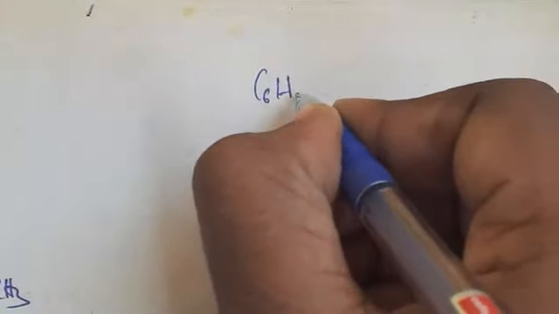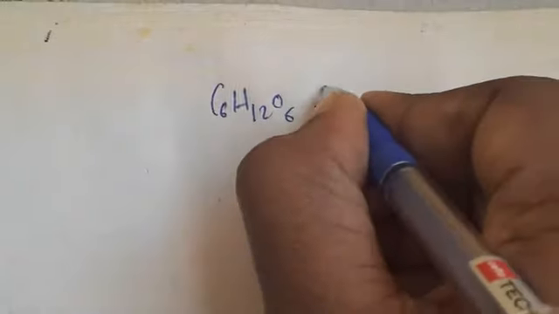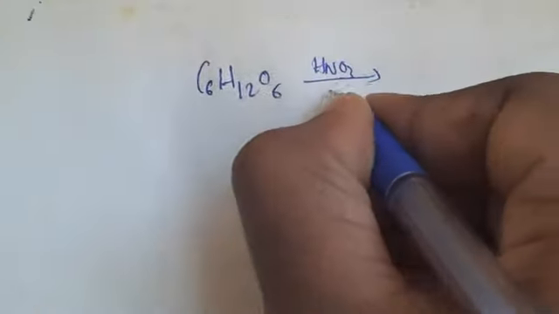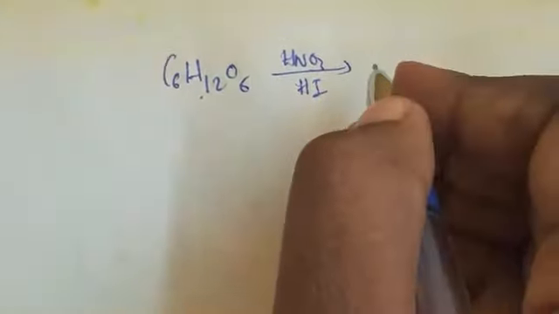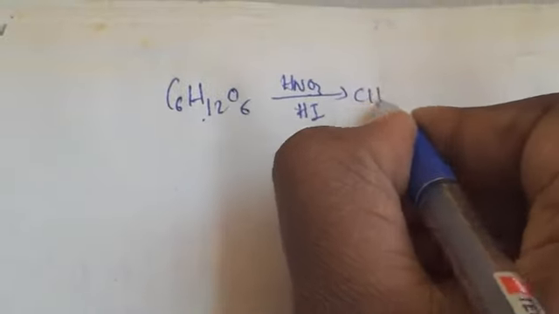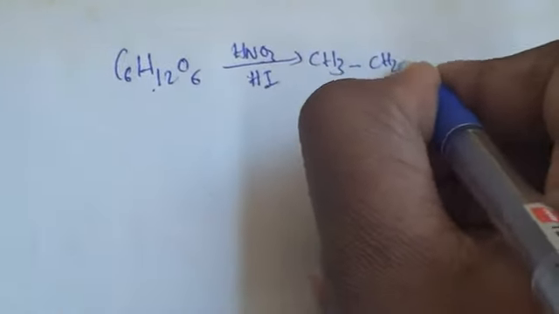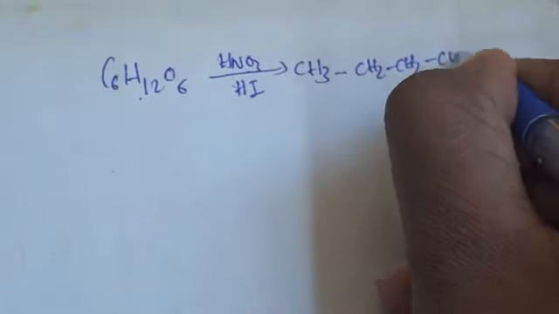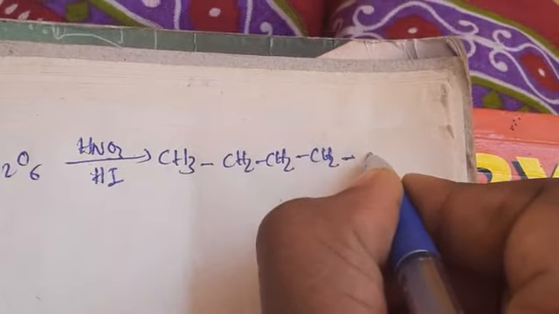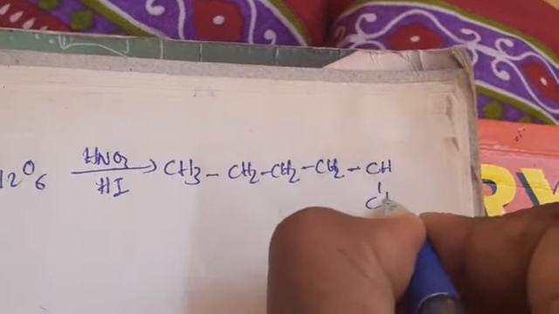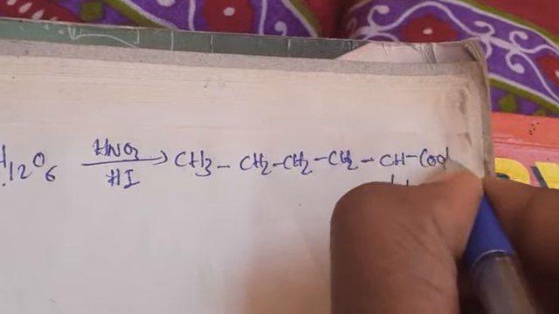that fructose is an open chain structure. For this, fructose is treated with HNO3 and HI. When we treat with HNO3 and HI, you get CH3, CH2, CH2, CH2, CH, CH3, COOH.